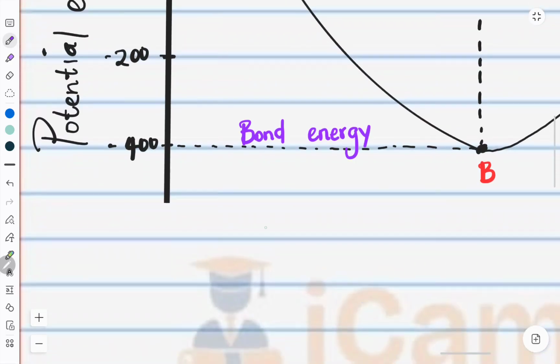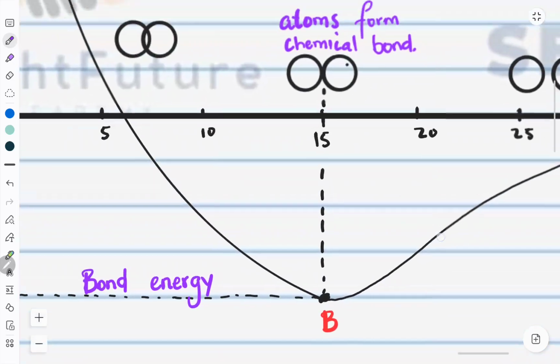So what I mean by that is this would be 400 kilojoules per mole. Okay, just one thing to note. All right, so not just minus 400.